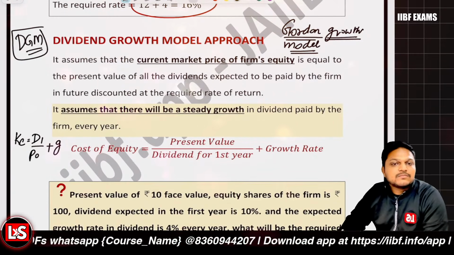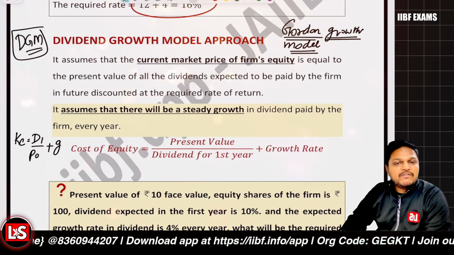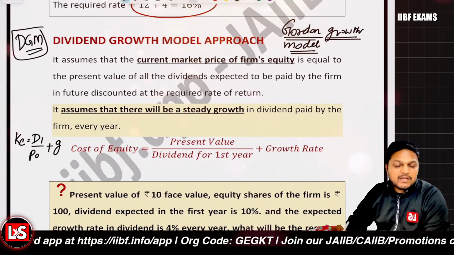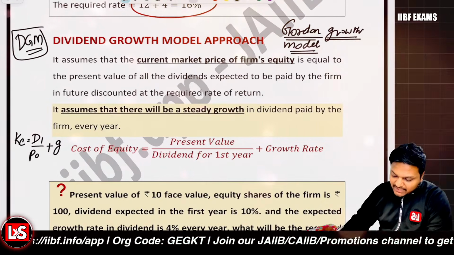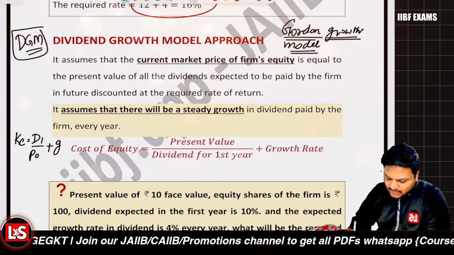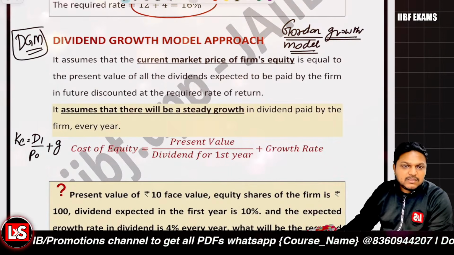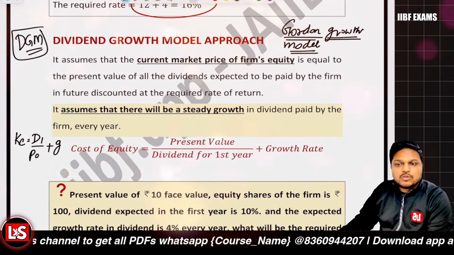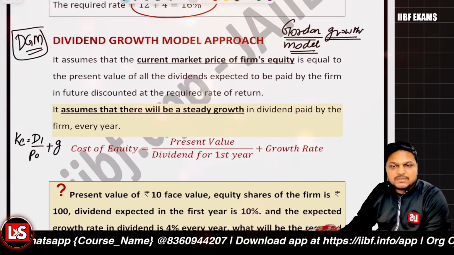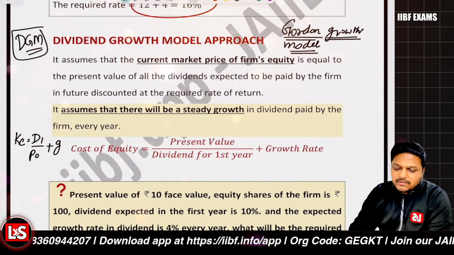Now D1 is basically the expected dividend next year. What dividend are you expecting next year? That is D1. And P0 is representing the current market price. And G is basically the growth rate.